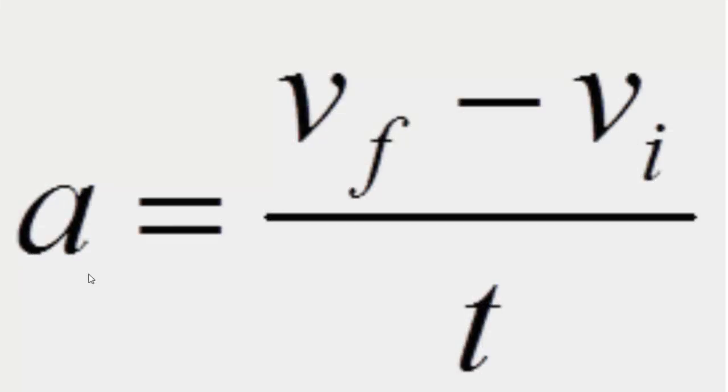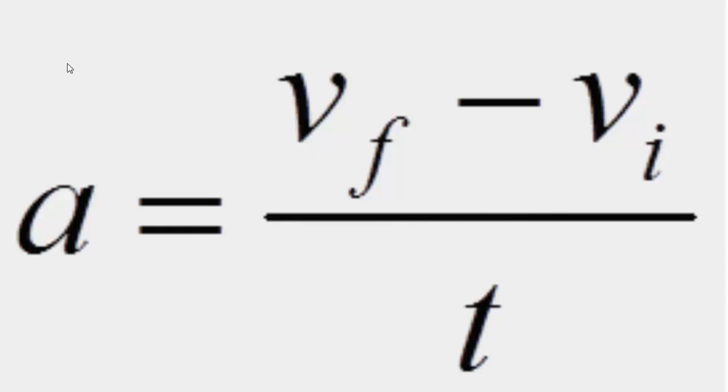Alright guys, just like I've done in the past, I'm going to remove my face because I want you to pay close attention to what's going on the screen. I'm going to assume that you have seen our acceleration equation in class. To review, acceleration, which we abbreviate with the letter A, is equal to our final velocity, VF, minus our initial velocity, VI, all over our time, and time is usually measured in seconds.